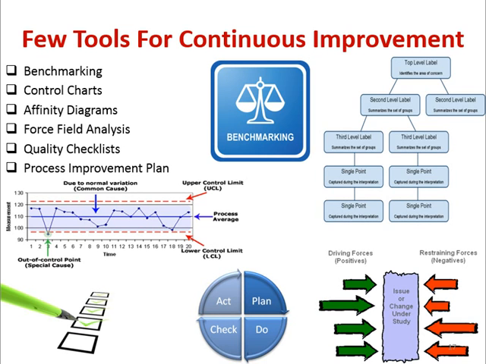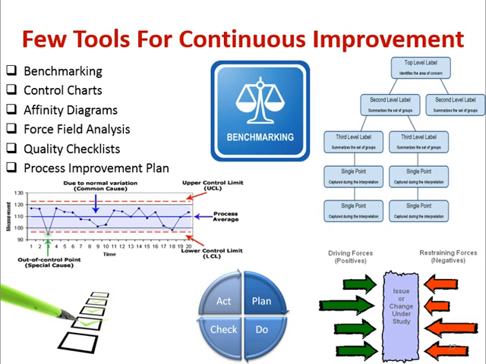You have a mean in between, and based on that you do the analysis. This is a tool to do continuous improvement. You monitor these control charts regularly, and you make improvements against those so as to make your graph smooth. You do the benchmarking.